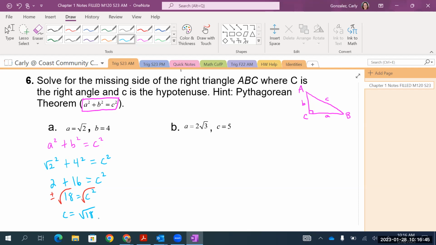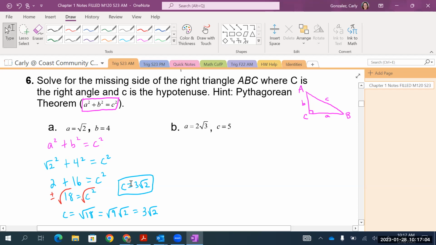Does 4 go into 18? Nope. Does 9 go into 18? Yes. So we write that as rad 9 times rad 2, or 3 rad 2. And so we found that the hypotenuse is 3 rad 2 if the legs were rad 2 and 4.